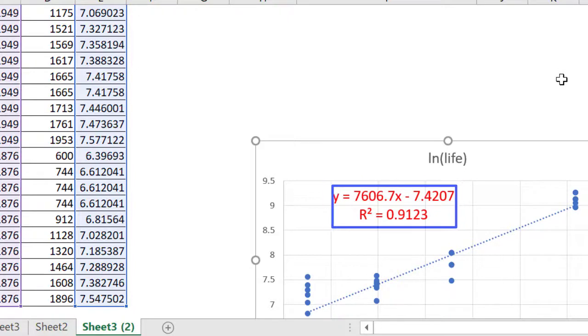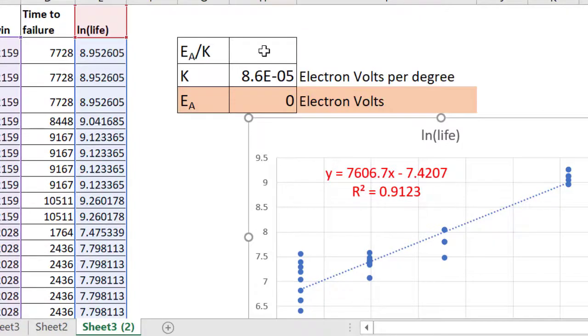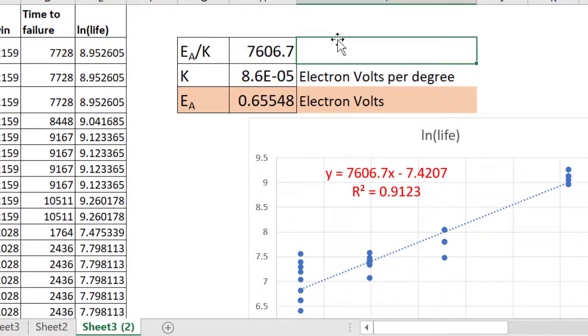The r square value of 0.9123 or 91.23% shows how well the data fits on the plotted line, and 91.23% is a good number, so it reasonably fits a straight line. So I substitute this value of E upon K as 7606.7. Obviously we are going to get the same value, 0.65548 electron volts.